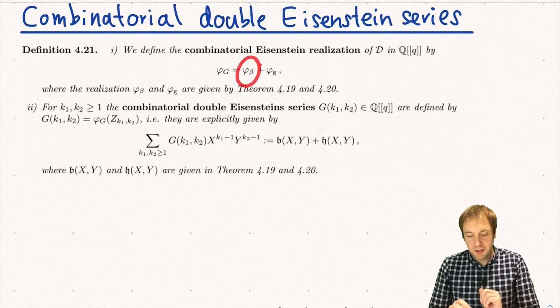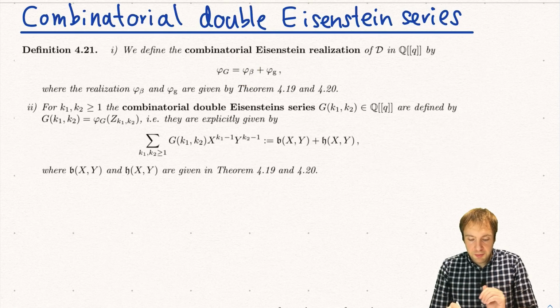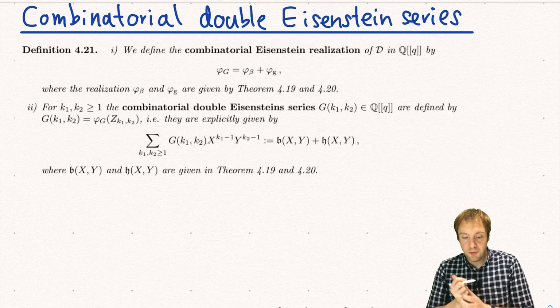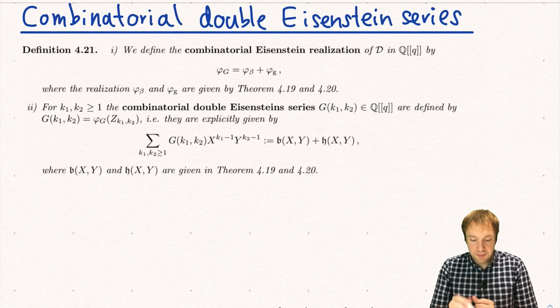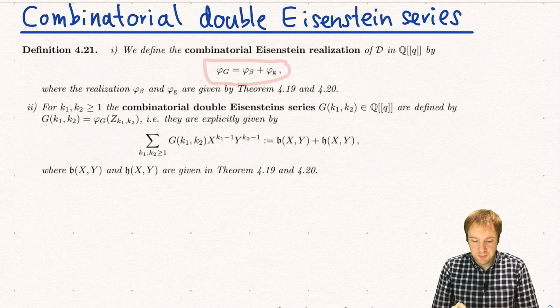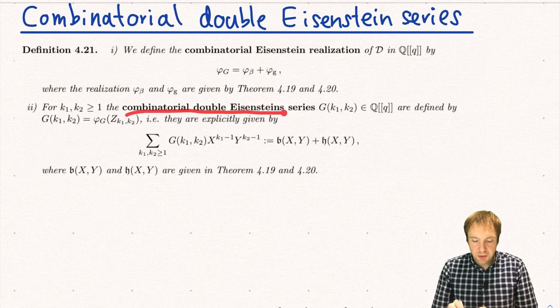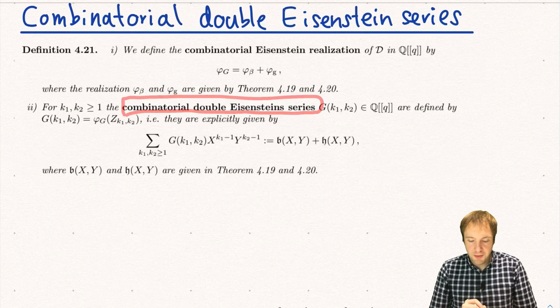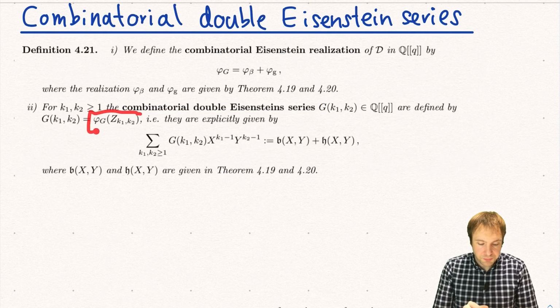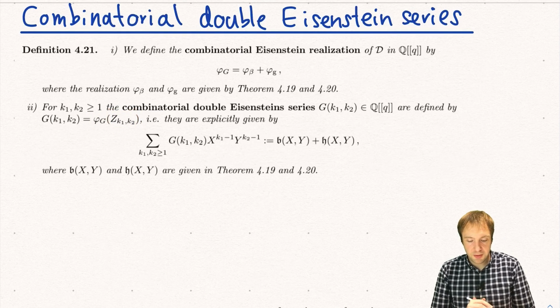So these phi g are given by explicit rational numbers, and these phi g are given by explicit Q series with rational coefficients. And then we get this realization because we are allowed to add realizations. And the combinatorial double Eisenstein series, what we mean by this is the image of this realization on these double z k1, k2.